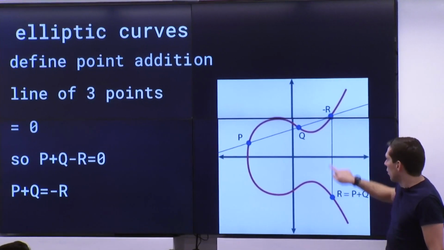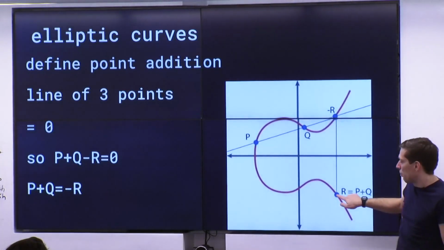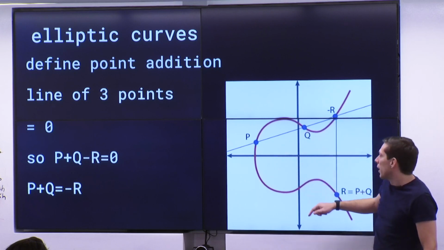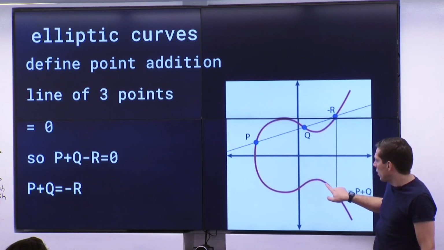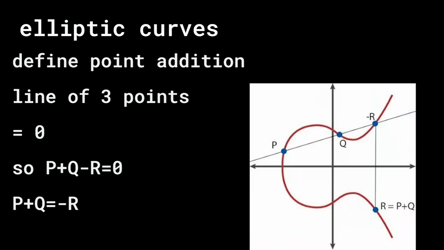So if this is negative R, we just go down to the bottom side of this, and this is positive R. Similarly, minus P would be here, minus Q would be here, and if you had a point Z here, negative Z would be up here. This is how it's constructed.